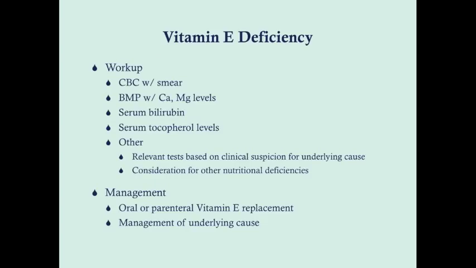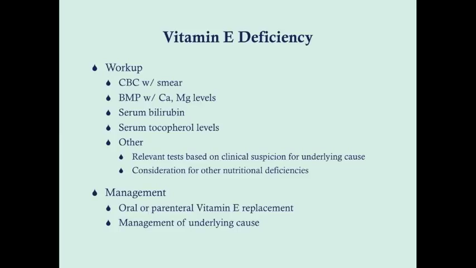The way you work this up is a CBC with smear. You should get a metabolic profile. Serum bilirubin is useful, particularly when you're looking at infants. Then you can get tocopherol levels, and tocopherol is just the primary vitamin E chemical.